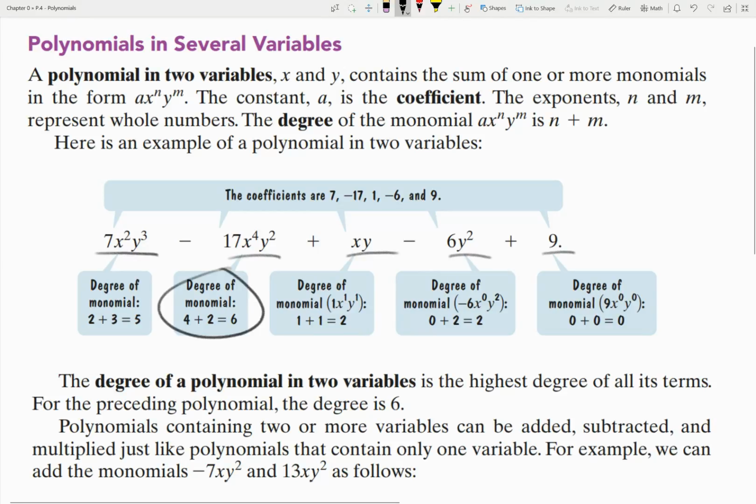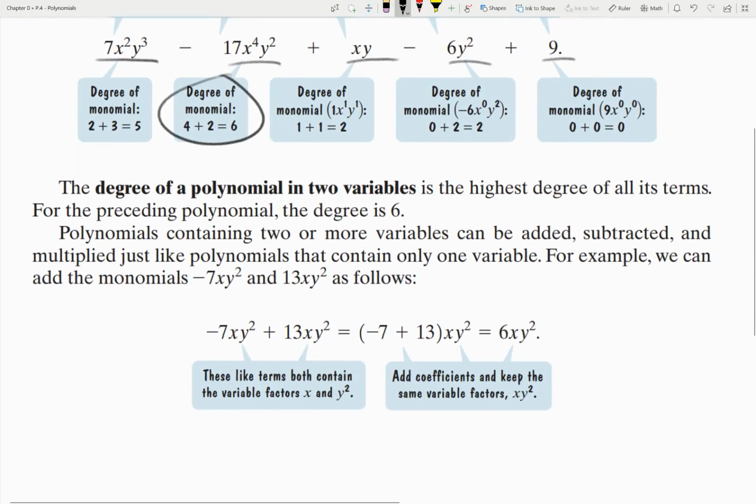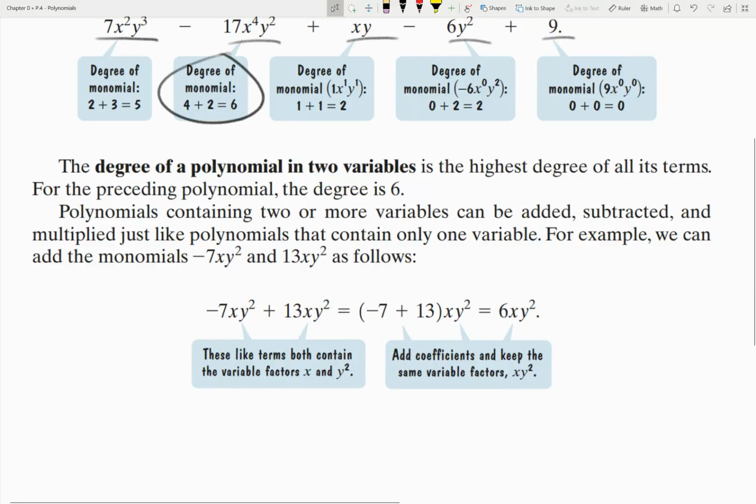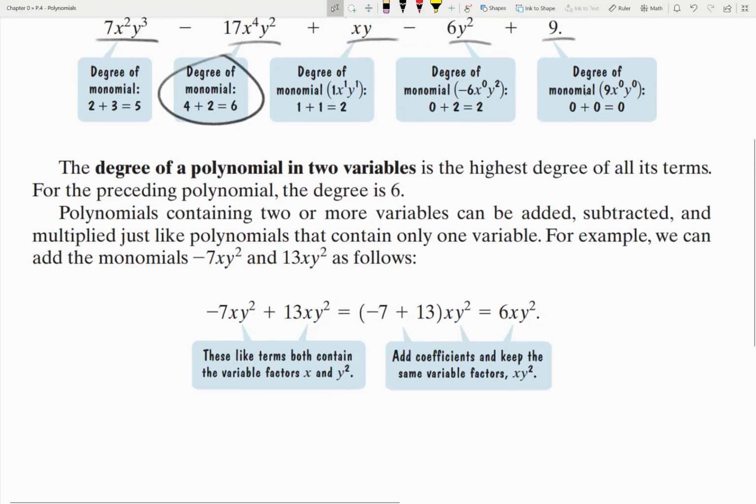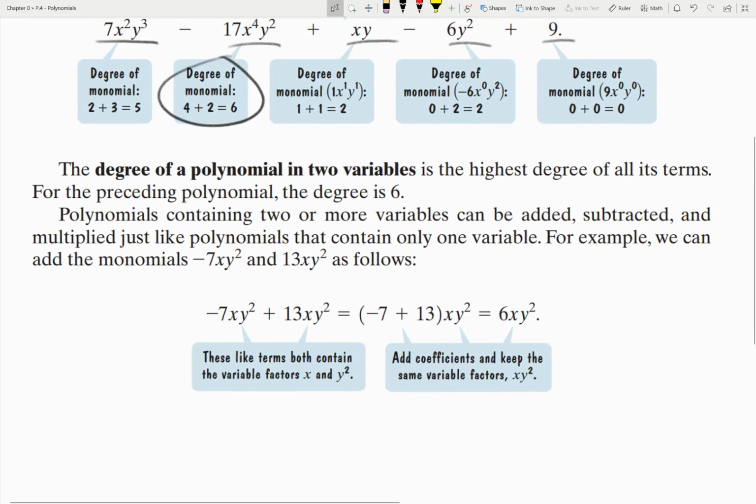So it's the highest degree of all its terms, except the exponents get added together. And again, if you have like terms, you're going to put those together as well. So if we have xy squared and an xy squared, we are going to add them together just as we would with a single variable term.